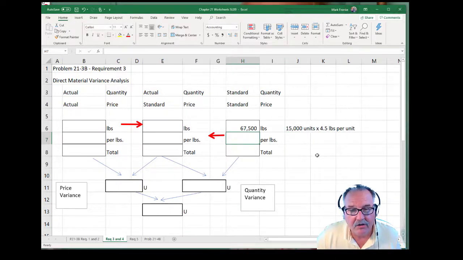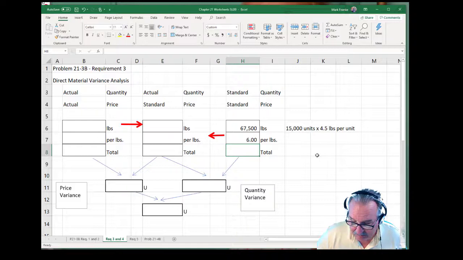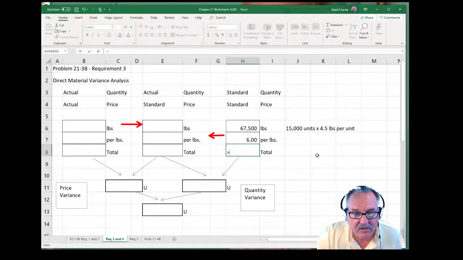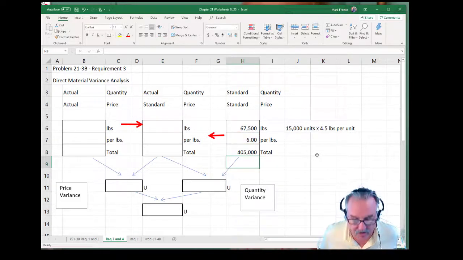And our standard price is $6. So we expect to use 67,500 pounds, and we expect to pay $6 per pound. So that means that if we make 15,000 units, we expect to spend $405,000.